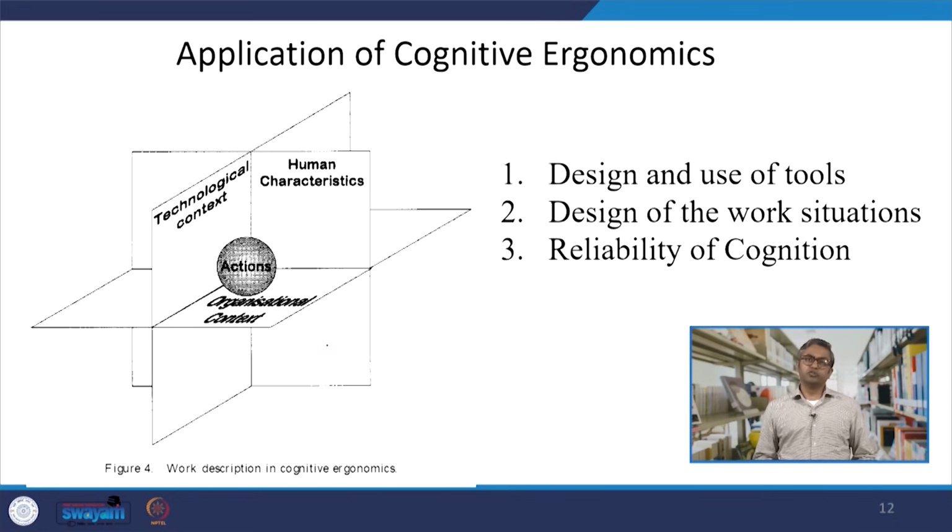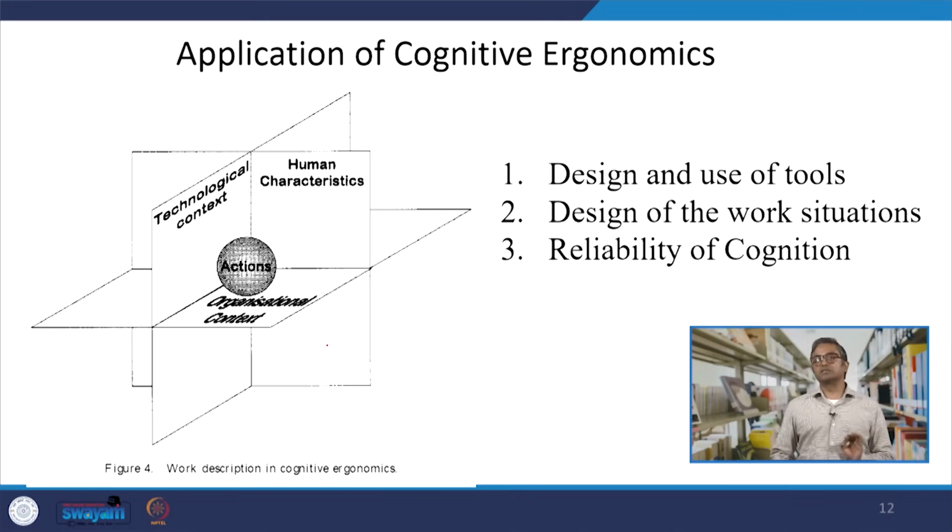The tools which you can find in your garden, in your kitchen, in your labs. How to design these tools and how to make use of them in such a way that humans have an advantage. It may help and promote performance, safety, and user satisfaction.